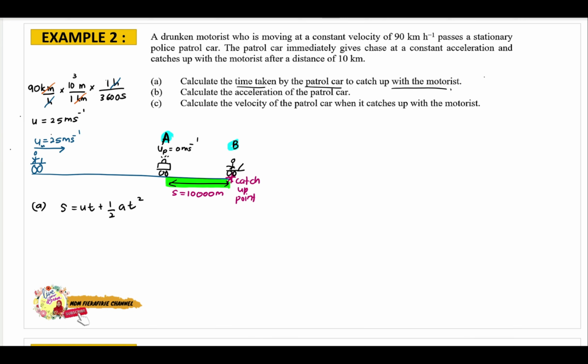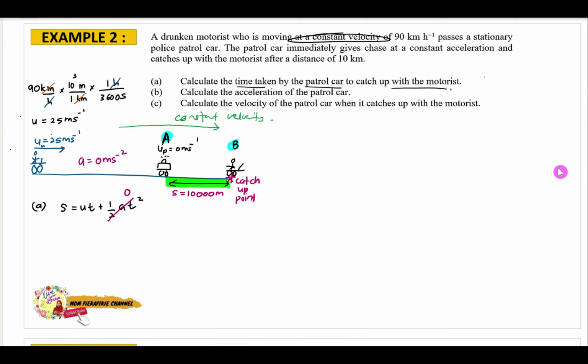Since the motorist is moving at constant velocity, the acceleration of the motorist is equal to 0 meter per second squared. So I will cancel this out, which is equal to 0. Look at here, the motorist moves from A to B with constant velocity. That's why the acceleration is equal to 0.